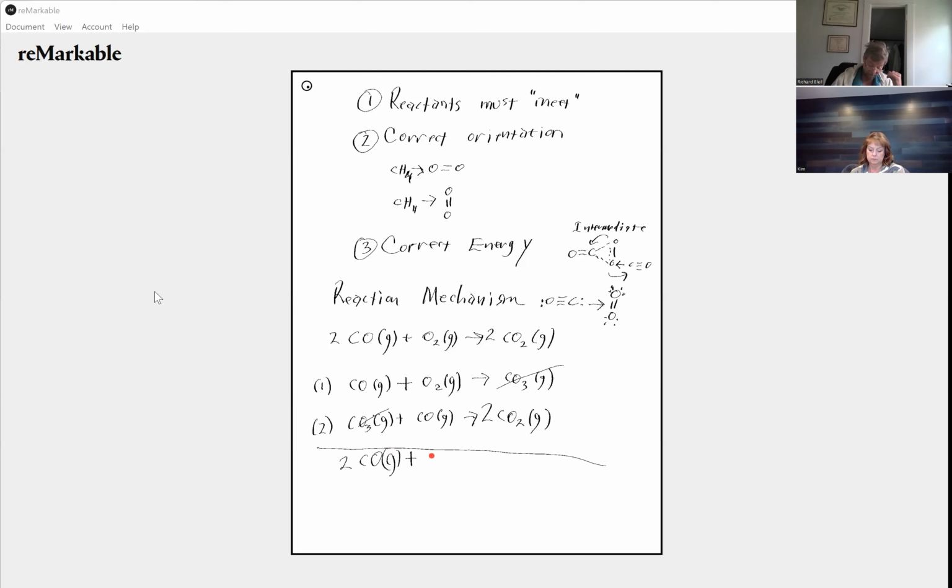We have 1 oxygen. We have 2 carbon dioxides. Everything in the first step cancels out. And that is our overall reaction. So this is a valid proposal for a reaction mechanism converting carbon monoxide into carbon dioxide.